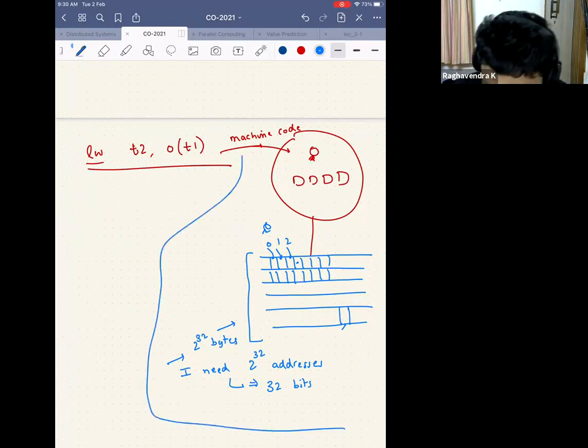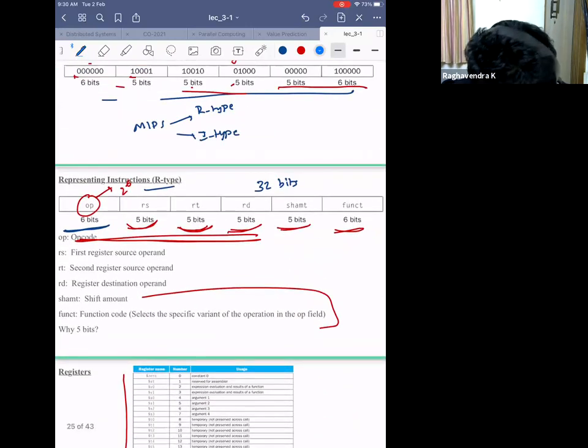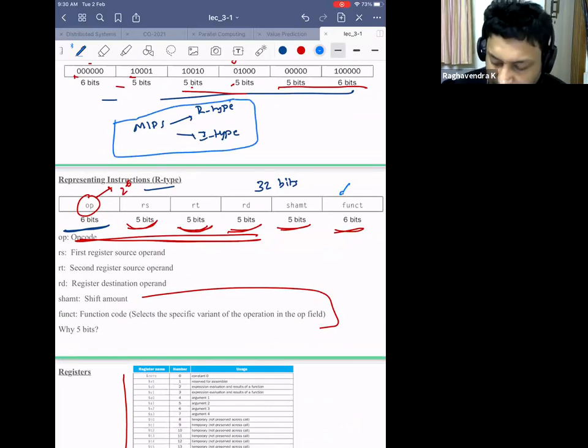Now I want to convert it into machine code, because this guy can understand only machine code. The MIPS architecture says that the way to convert a load instruction, or an add instruction, is using this. There are only two types of instruction in MIPS. One is called R type instruction, the other is called I type instruction.